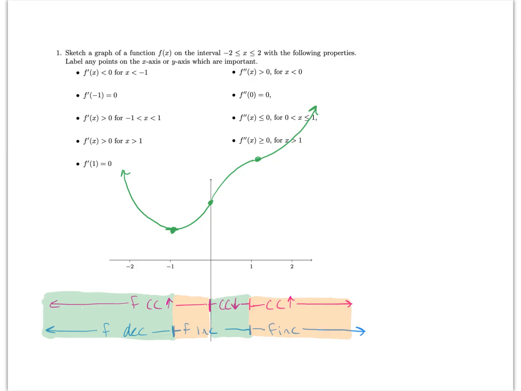Let me redraw this bit so that I have a horizontal tangent line there. Now that looks more like a horizontal tangent line. And then f double prime of 0 is 0. That's because I switched concavity from up to down, which means f double prime went from positive to negative, so it had to be 0 in between.